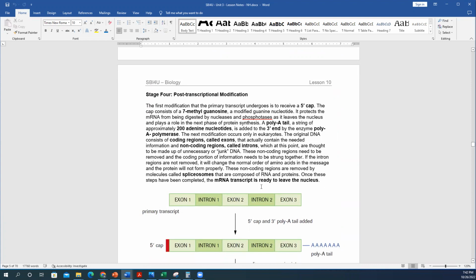And then if you remember, in eukaryotic cells, you have sequences called introns, which are non-coding pieces of DNA. And before this mRNA is able to be translated into protein, these non-coding pieces need to be excised out.